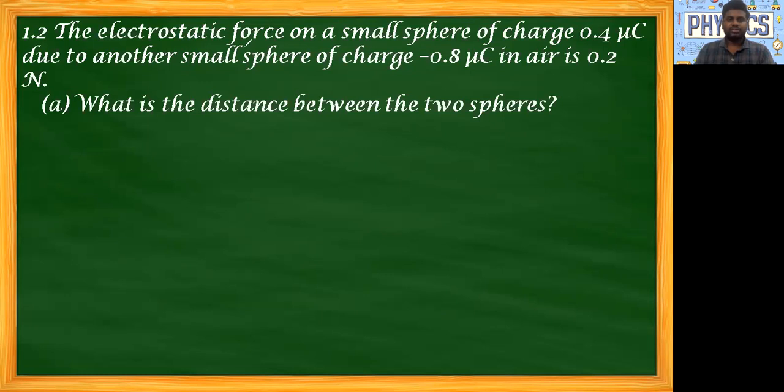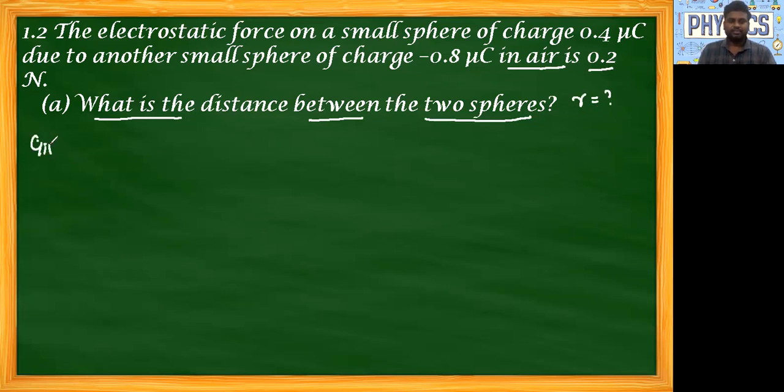The electrostatic force on a small sphere of charge 0.4 microcoulomb due to another small sphere of charge minus 0.8 microcoulomb in air is 0.2 Newton. Remember, in the last problem we also discussed in air. What is the distance between the two spheres? Distance between the two charges is what we need to find.